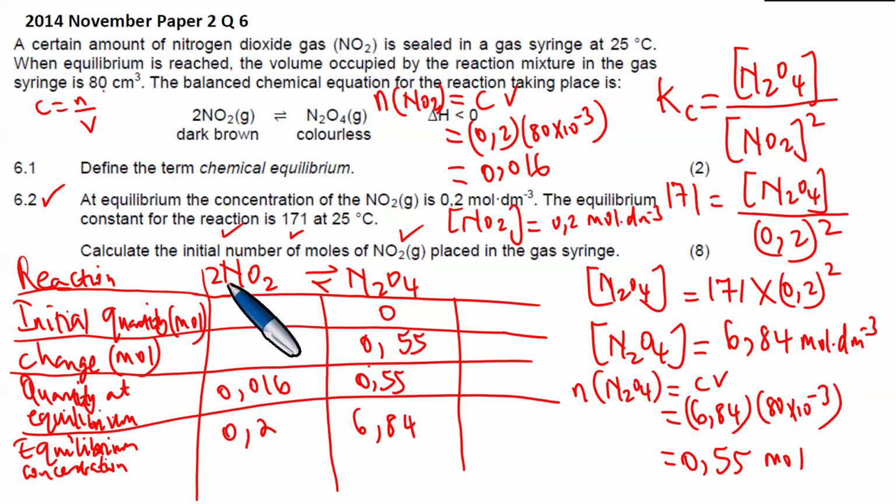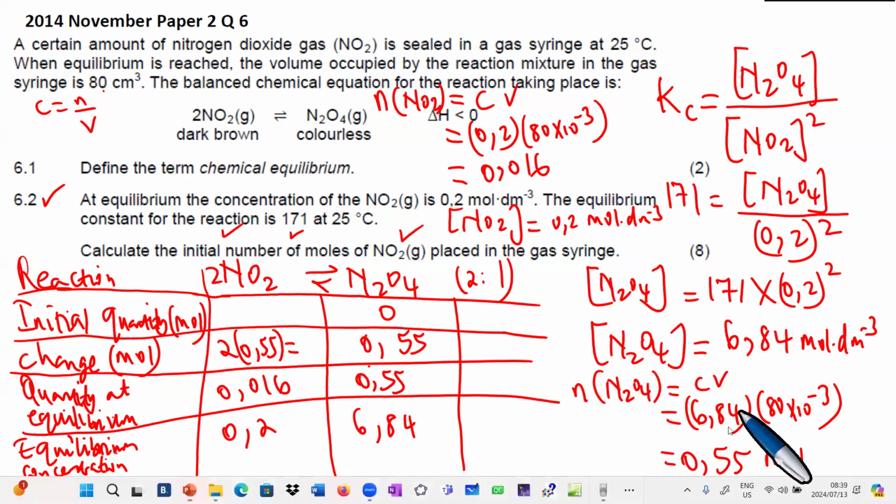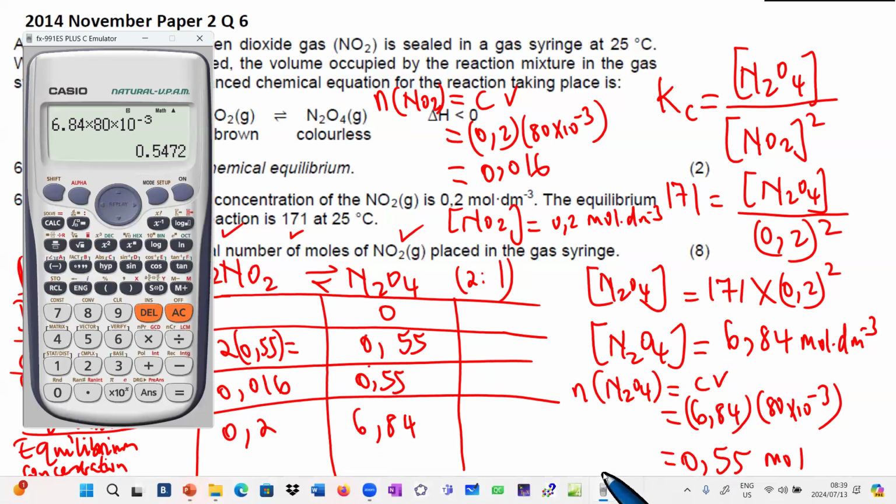So now if it is 0.55 as the change, using the mole ratios, what will this one be? This one is going to be exactly the change here, which would be the NO2 reacted. So it's going to be 2 times 0.55, because of the 2:1 ratio. Now let us do that one. We use our calculator to do the calculation.